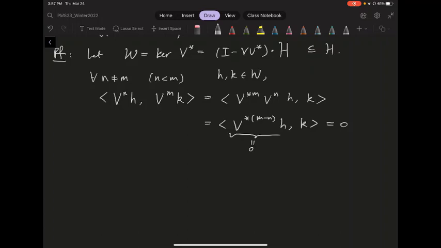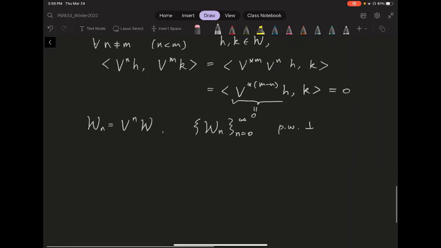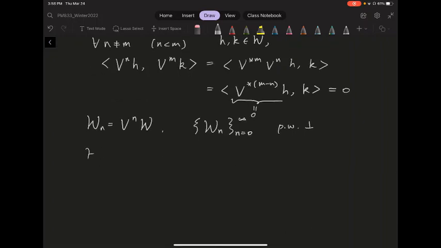So what this essentially proves is that if you let, let's say, Wn be the range, okay, you apply Vn to the space W, then this collection of spaces Wn, going from 0 to infinity, for every n a natural number, they're pairwise orthogonal to each other. And because they're pairwise orthogonal, let H1 be equal to the direct sum of these Wn, n greater than or equal to 0.